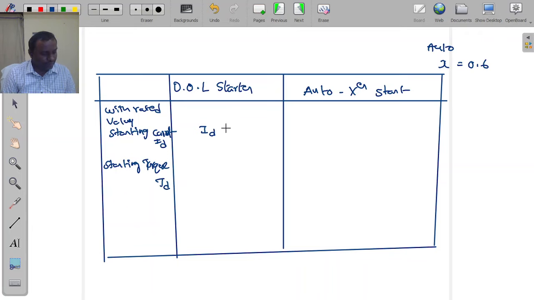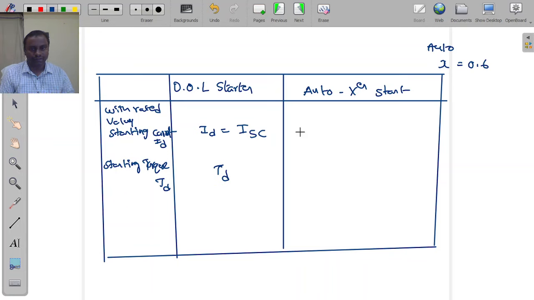Here in this case, the direct starting current will become the short circuit current. Yes, the starting torque will become the same TD.